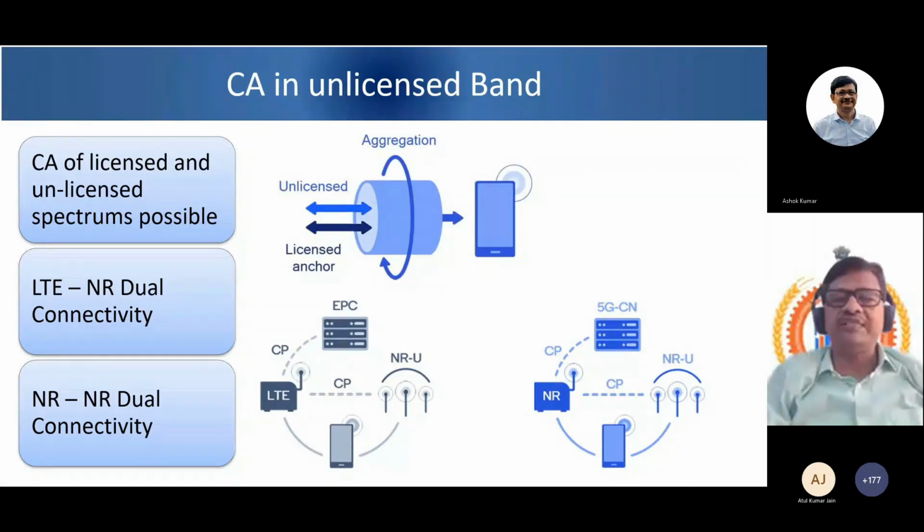So your device can do a carrier aggregation there. So it will be used where interference is not expected, and there are certain interference mitigation things also in new radio, which I'll talk about when I talk about frame structure.